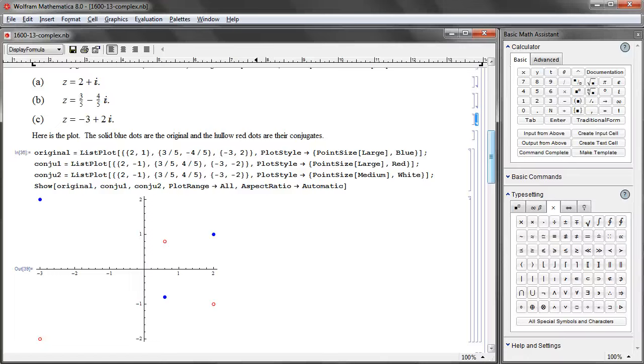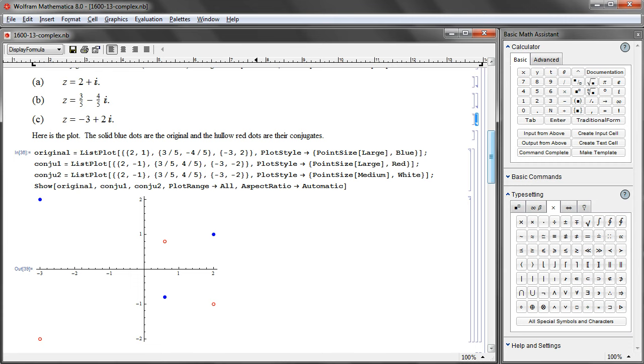Those three blue points correspond to the complex numbers 2 plus i, 3/5 minus 4/5 i, and -3 plus 2i respectively. And the complex conjugates are the hollow red dots, which are symmetric with respect to the x-axis because we only change the sign of the y-coordinate. So instead of 2 plus i, we have 2 minus i, so we have the hollow red dot at (2, -1).